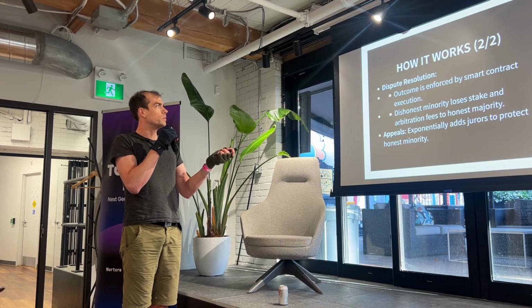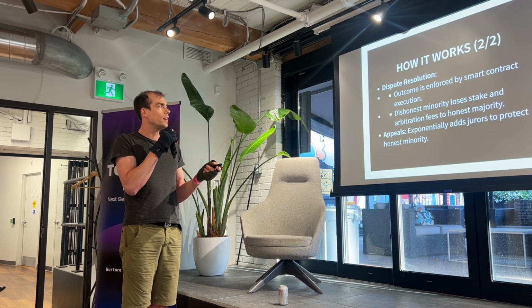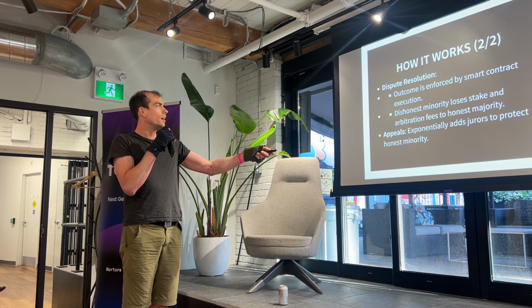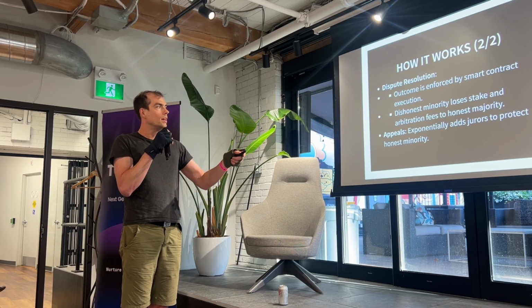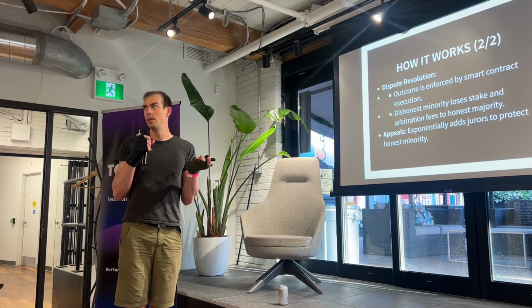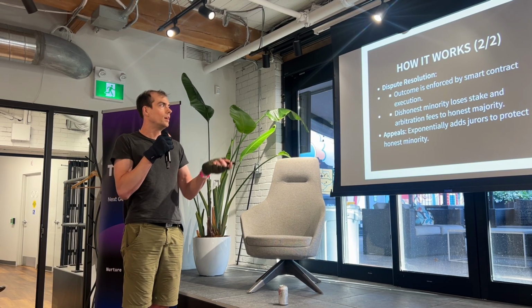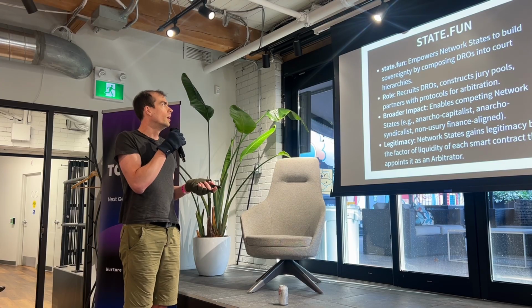Outcomes are enforced by smart contract execution. The dishonest minority loses its stake in arbitration fees to the honest majority. And you might be wondering, what if there's an honest minority, and there are exponential appeals, and you could appeal all the way up the court hierarchy to a Supreme Court.